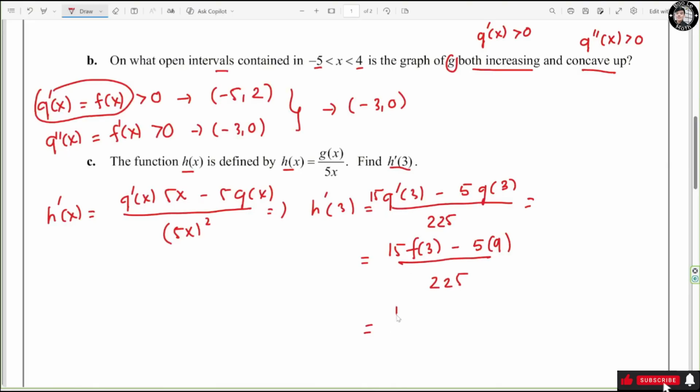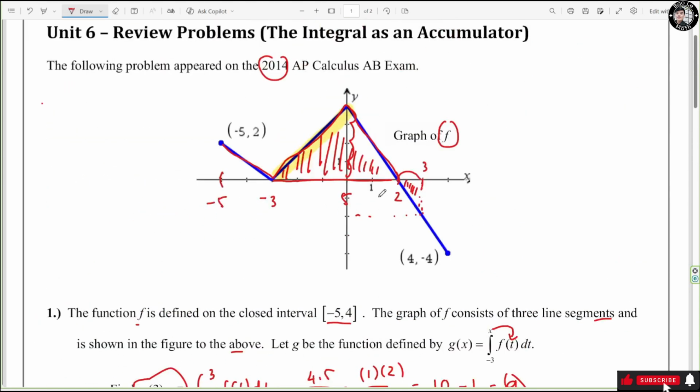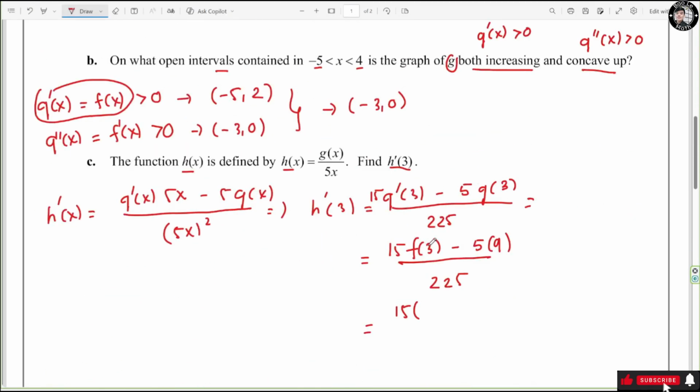So it could be 15 times f of 3. We look at the graph right here. At 3, f of 3 equals -2. So it could be 15 times -2 minus 45, over 225. So the answer is -75 over 225, and then it's going to be -1/3.